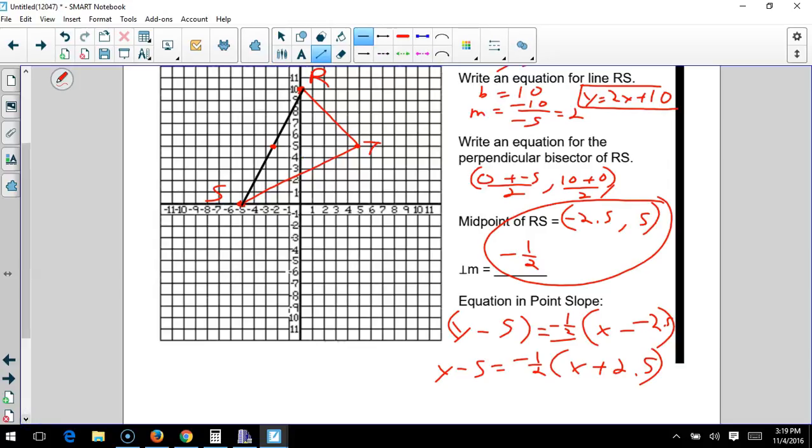Sorry, these graphs kind of messed me up because the numbers are actually in between 0 and -1. So down 1, right 2 would actually be right there. And then down 1, right 2, down 1, right 2. If we draw that line, that would be a perpendicular bisector. Again, you didn't have to do that, but just showing you how we would.